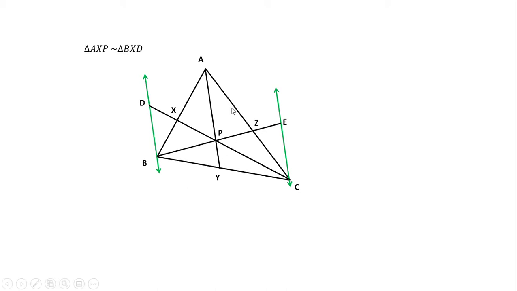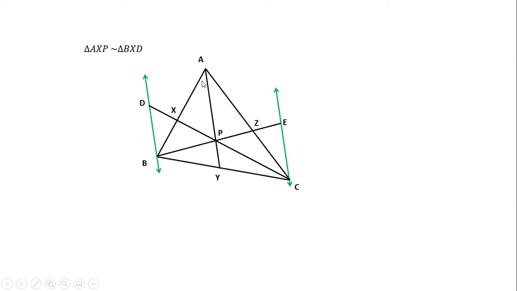So first we're going to take a look at triangles AXP and BXD. We can see that there's a pair of vertical angles, so these two angles are equal to each other. And since these lines are parallel, the alternate interior angles are equal to each other. So this angle DBX is equal to the angle XAP.